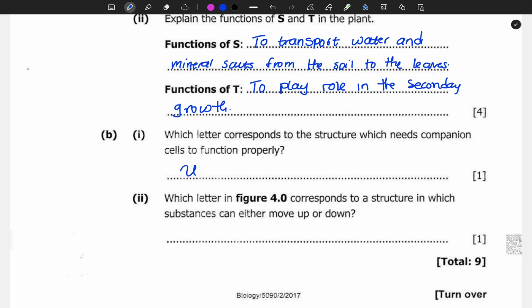Remember, for xylem, it's only one direction, always from the ground to the leaves. But for phloem, it can be down or up, depending on the demands of the food substances. So it's still U here.